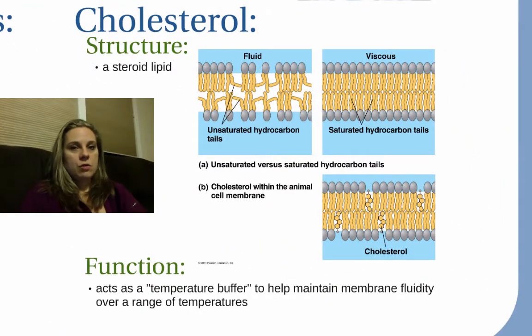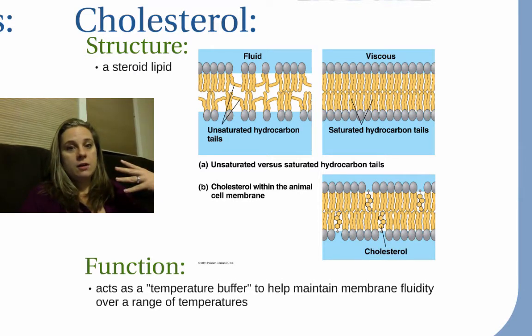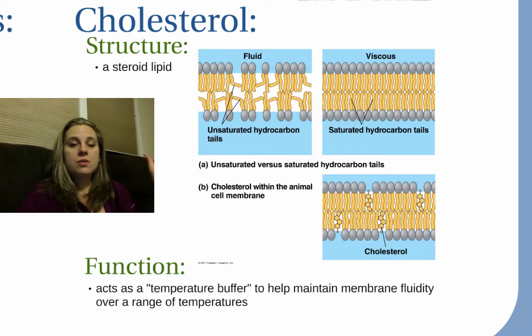So let's look at the role cholesterol plays. When we have that addition, okay, unsaturated versus saturated hydrocarbon tails, right? We have our little kinks that happen. When you have too many unsaturated ones, you get tons of space. When it's super viscous and real thick, it's going to be real tight.